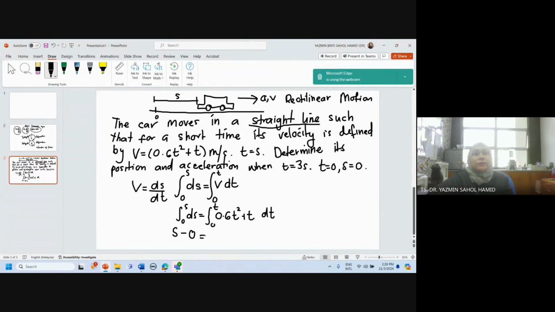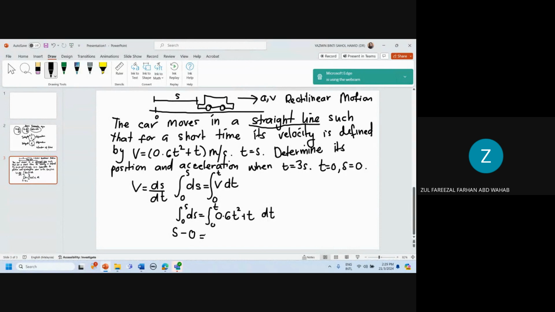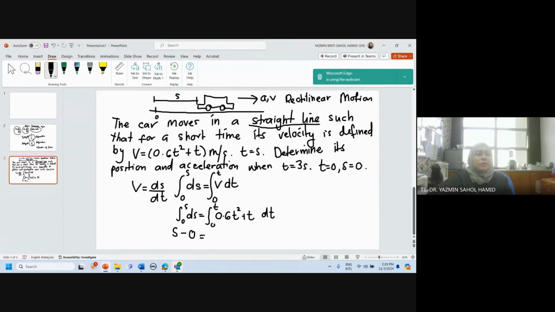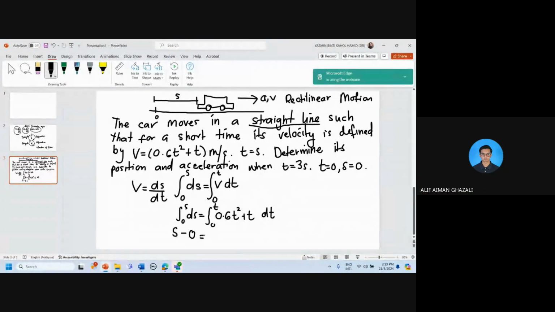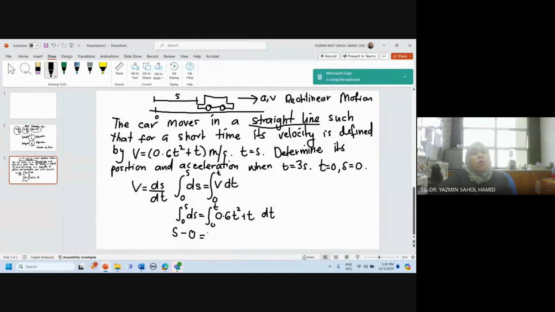It's t cubed over 3, so with the 0.6 it will be 0.2 t to the power of 3.